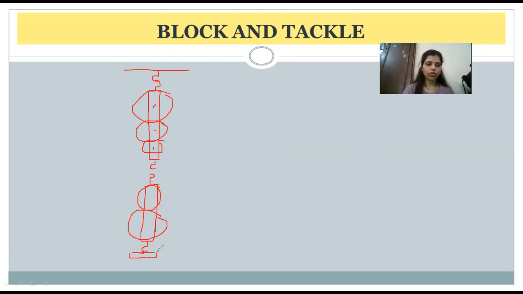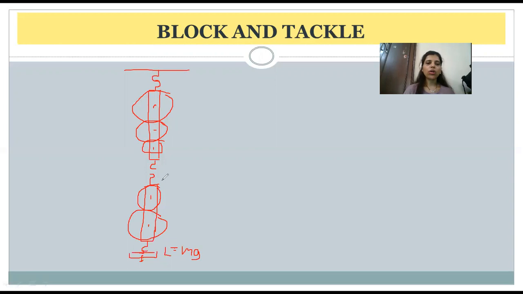Weight you have to show in the downward direction from the center of gravity. So when you're drawing the arrow from the center, it has to be shown in the downward direction. For the load, you have to write mg. And this is where you're going to mark the axle point.